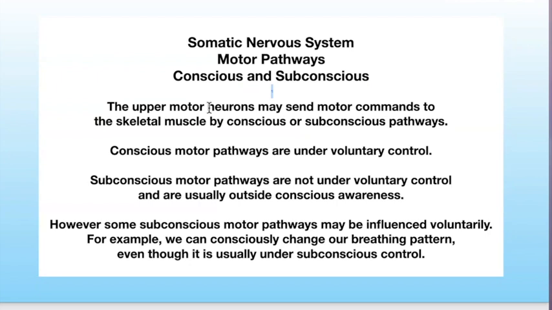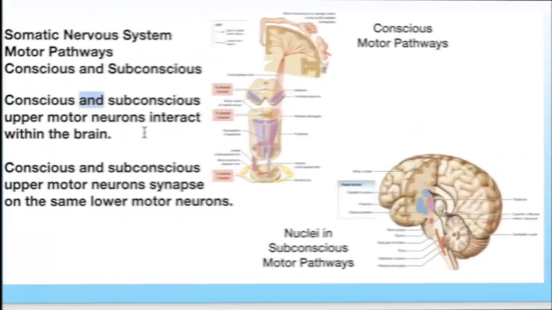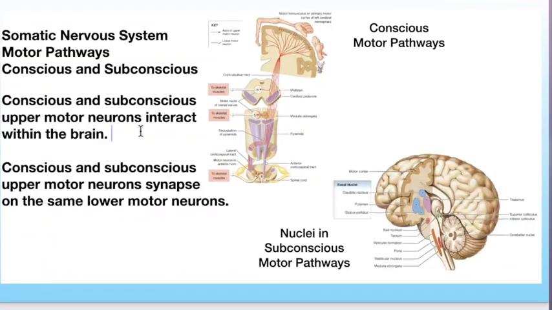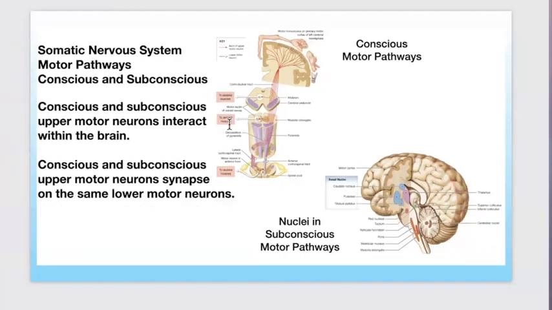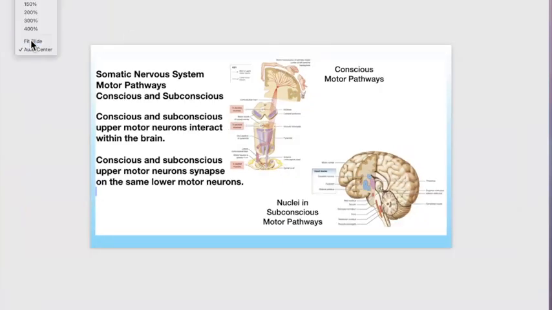For example, we can consciously change our breathing pattern even though it is usually under subconscious control. Conscious and subconscious upper motor neurons interact within the brain, and conscious and subconscious upper motor neurons synapse on the same lower motor neuron. So these pathways are not completely separate, which is something that you might think or an impression you might get from the way that they're presented.